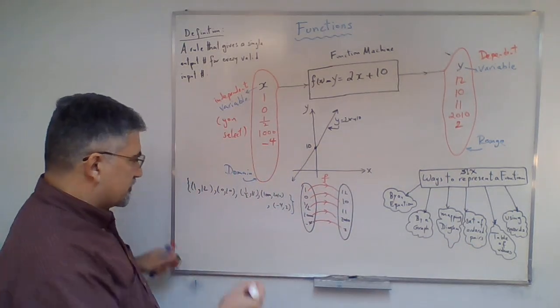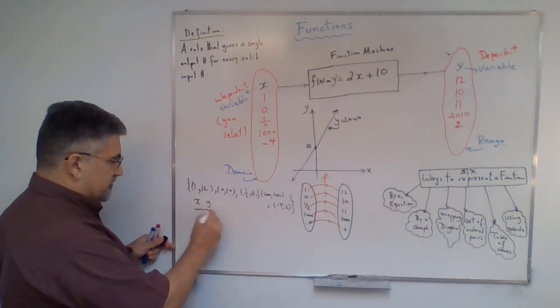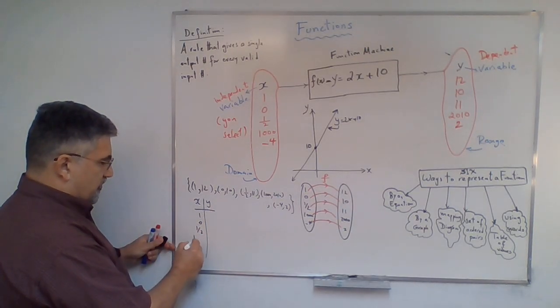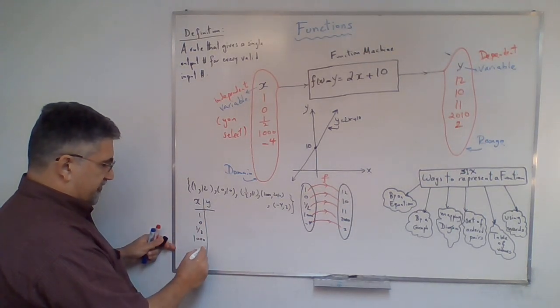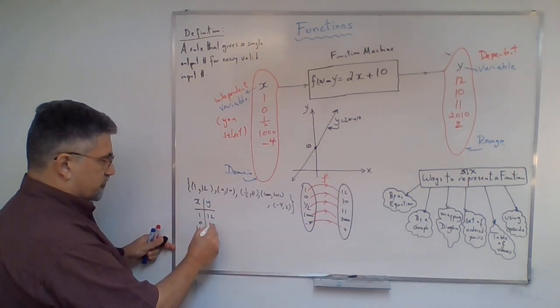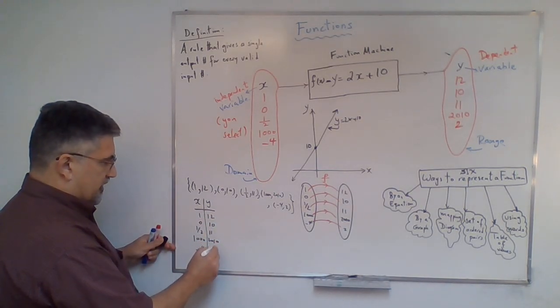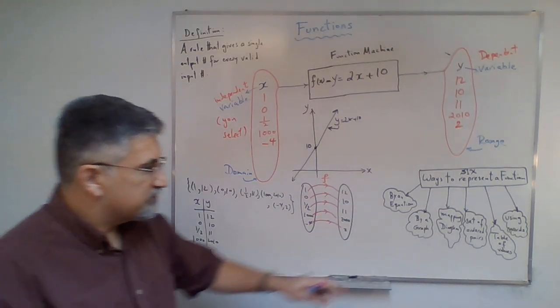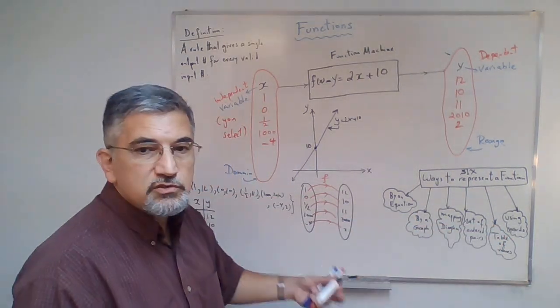Table of values is another one. So you can construct a table of values, x and y. You can go 1, 0, 1/2, 1000, whatever input numbers you have, and then you write your output numbers, 12, 10, 11, 2010 and 2. So table of values is another way of representing a function. And finally, you can use English words.